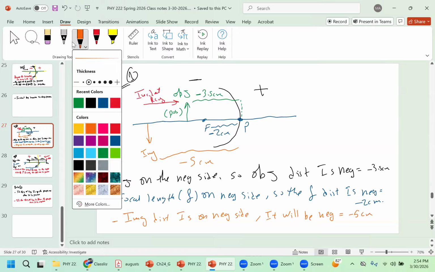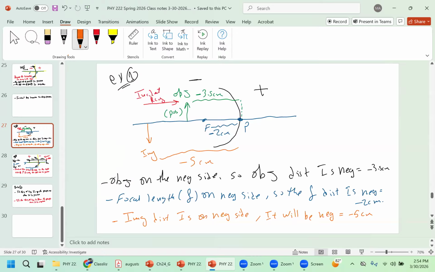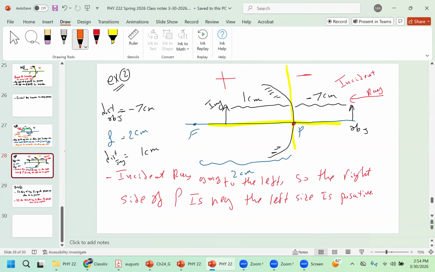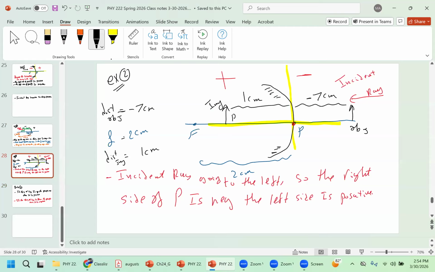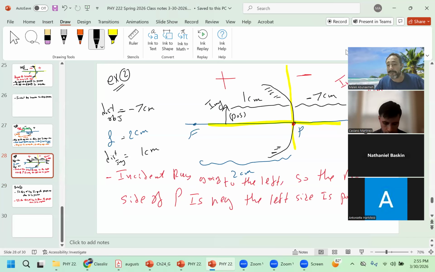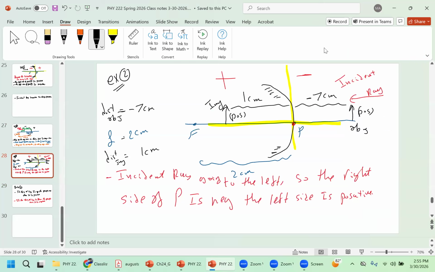Our image inverted, whichever image it is, is going to be negative. For this one, it's going to be positive, which means it's the direction in which you cannot see the picture. Does that make sense, everyone?